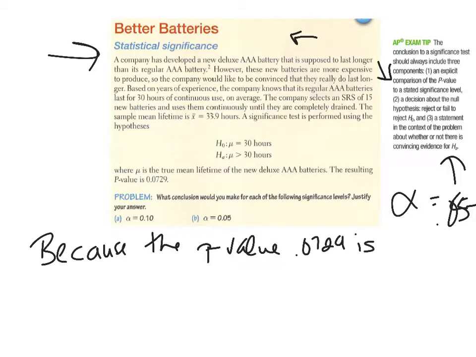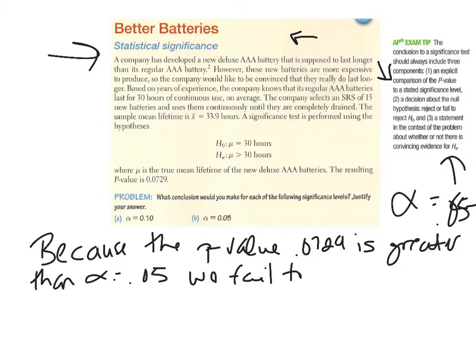This time, it is greater than alpha equals 0.05. So this time then we will fail to reject the null hypothesis. Okay, and then I need my supporting statement here.